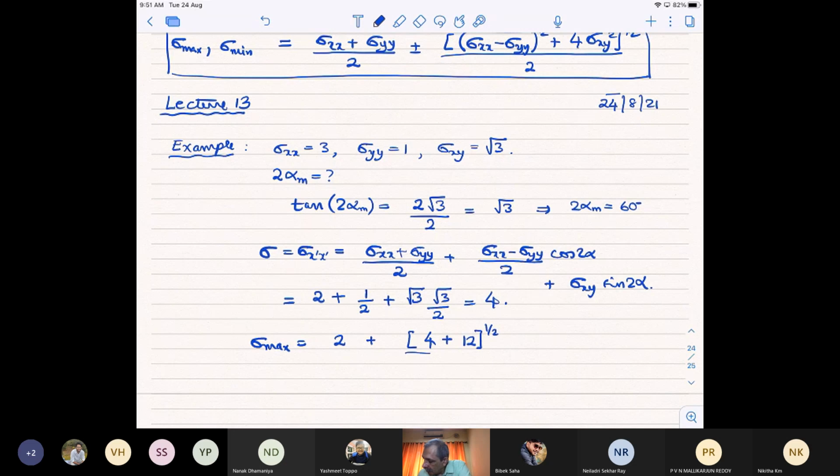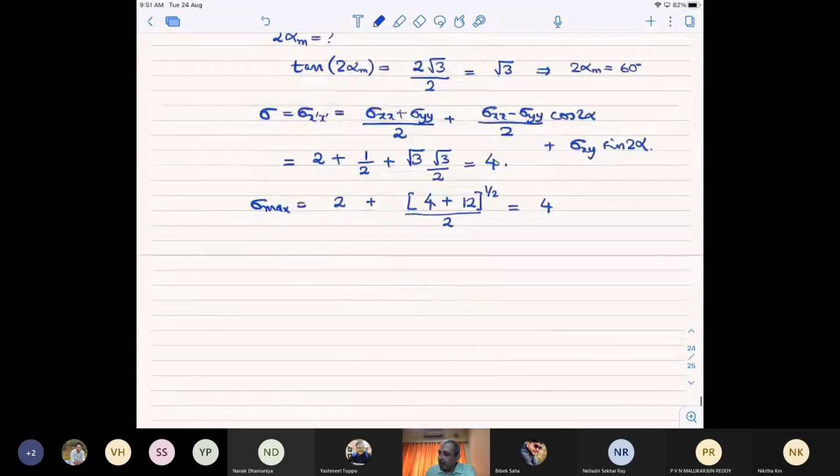Square root divided by 2. So 12 plus 4 is 16, square root is 4, divided by 2 is 2. So we see that even if we use either of the formulas, we will get sigma max equal to 4. So in this way we are able to calculate this in 2 different ways.